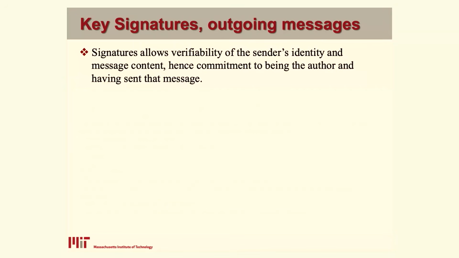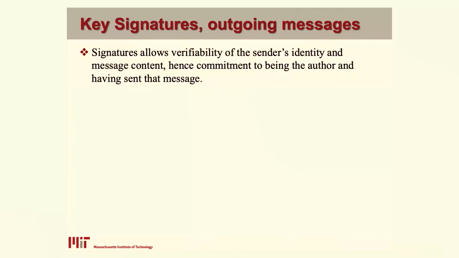Okay. Signatures. This has to do with getting ready to do outgoing messages. Interestingly, incoming messages to Alice are easier, so be forewarned, than dealing with these outgoing messages. So Alice wants to send something and she wants to sign it, which would allow verifiability of her identity.